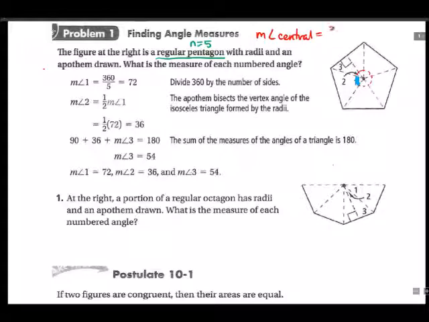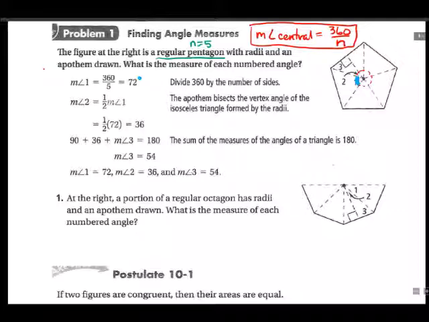So that is 360 degrees. How many central angles are in that circle? The number of sides. So the measure of the central angle is 360 divided by n. And in this particular problem, n equals 5, so we get 72 degrees.